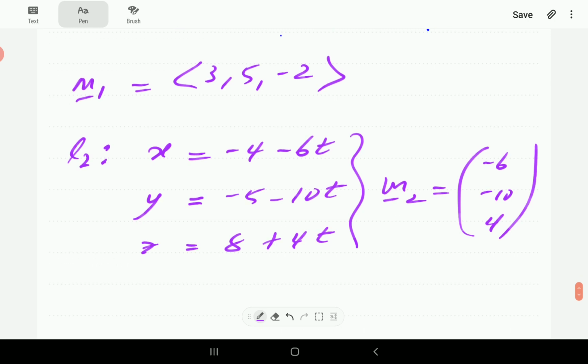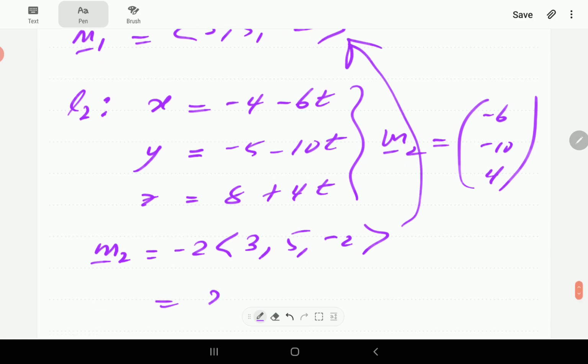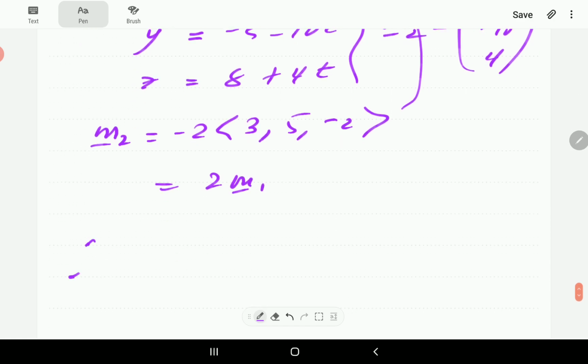So for M2, if we factor out -2, then that's going to be 3, 5, -2, which is exactly the same as M1. So it's going to be -2 times M1. Then we can conclude that L1 is parallel to L2.